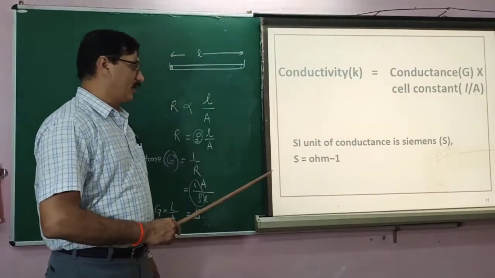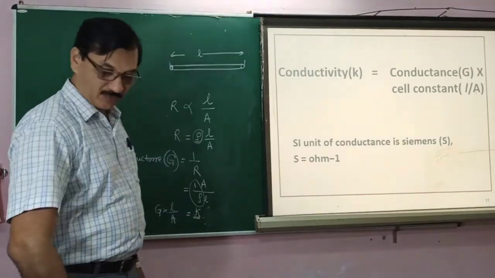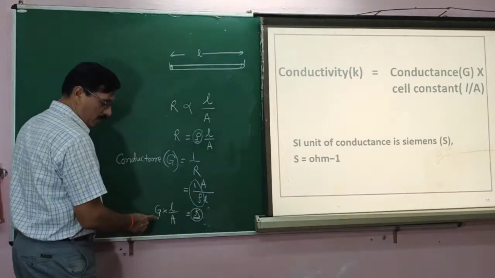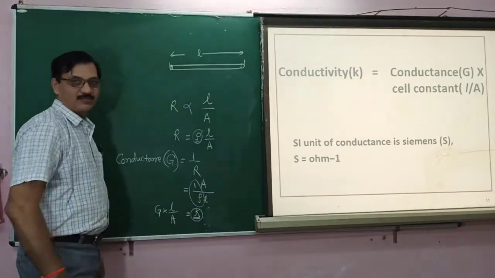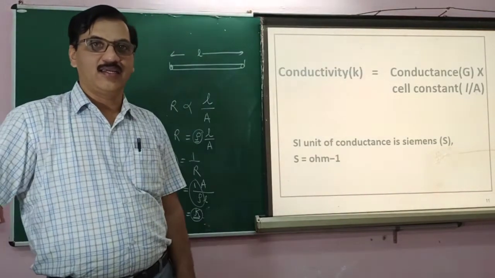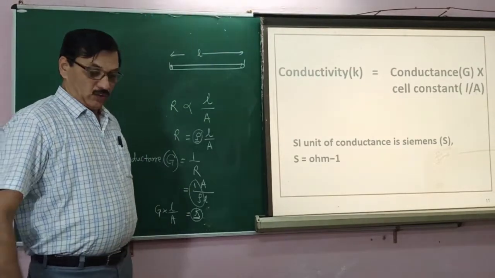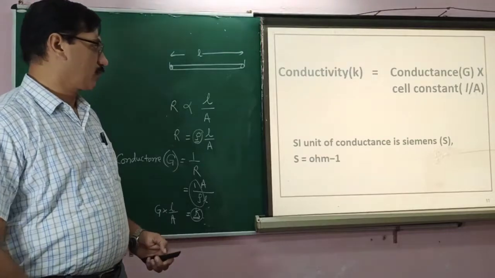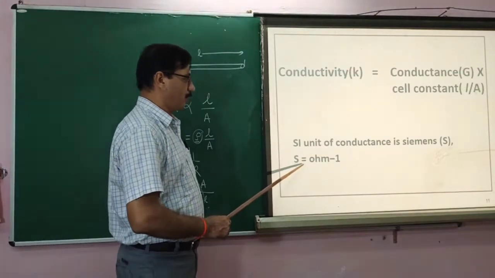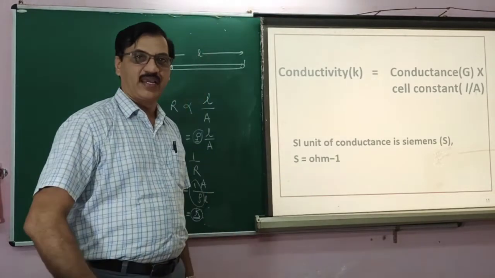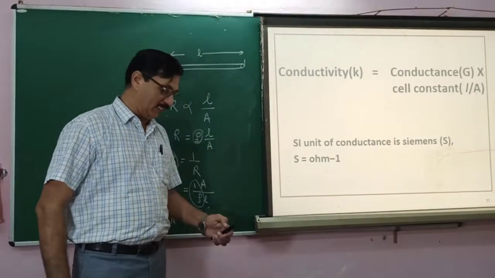Now, what is the unit of conductivity? The conductivity unit is per ohm per meter. Siemens is also the simplified way it is designated.